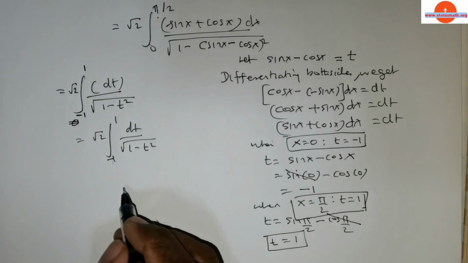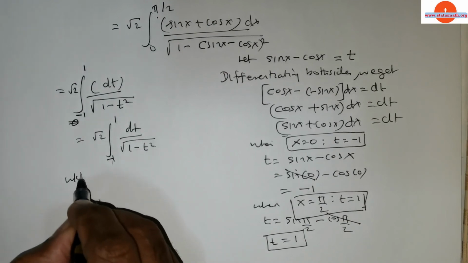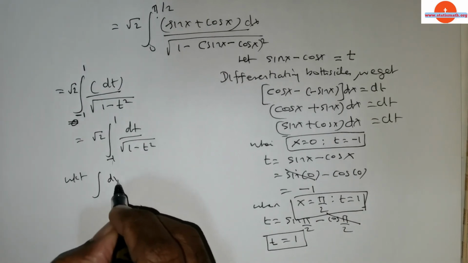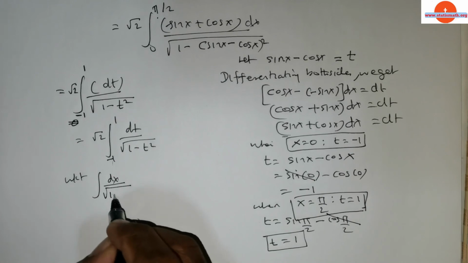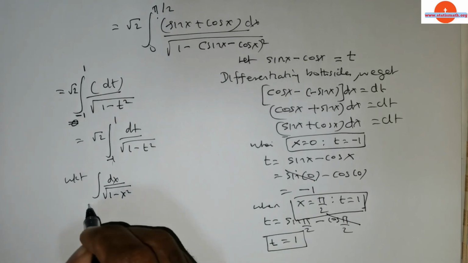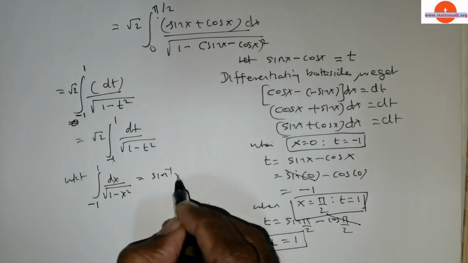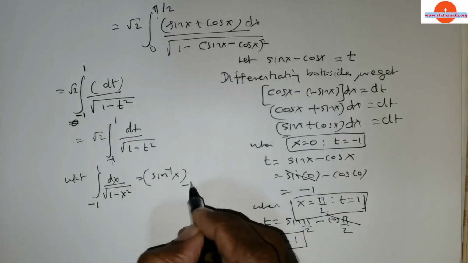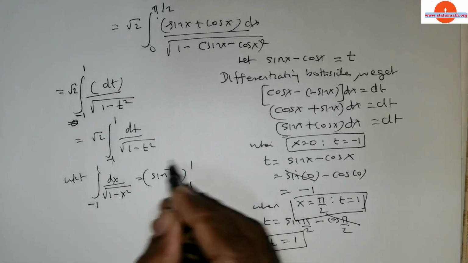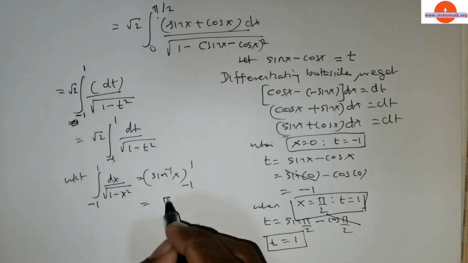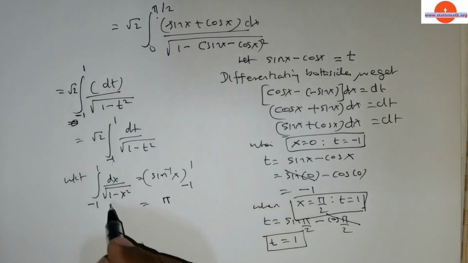Now in the previous illustration, I've shown you that integral dx divided by root of 1 negative x squared within limits negative 1 to 1 is sine inverse of x within limits negative 1 to 1. When I substituted the limits, I obtained the answer as pi.